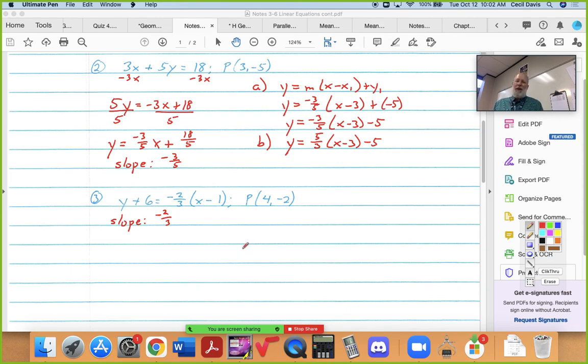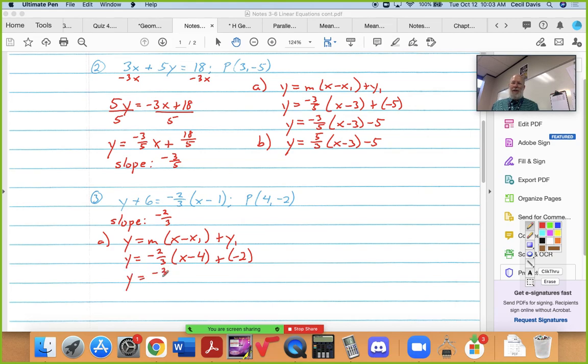So now we're ready to get going. For part A, I'll write out the point slope equation. y is equal to m times x minus x1 plus y1. So that'll be y is equal to negative 2/3, because parallel lines have the same slope, of x minus 4 plus a negative 2.